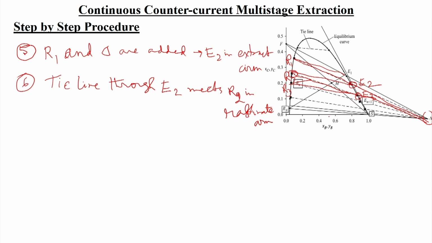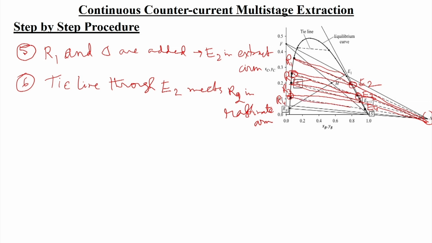Okay. And then at one time, when we have this R3, we join it with delta, then we get E4, then from there we draw the tie line, and we get R4.